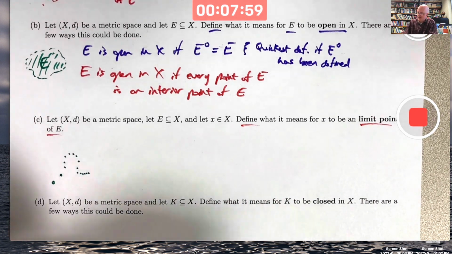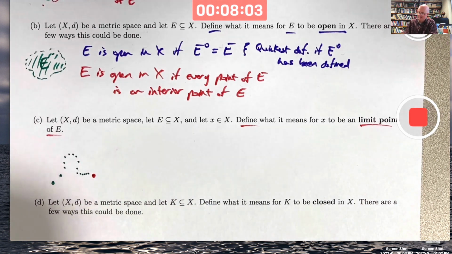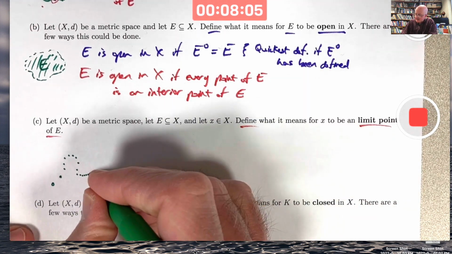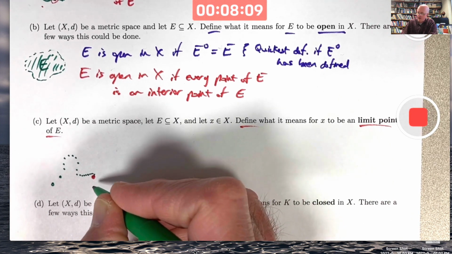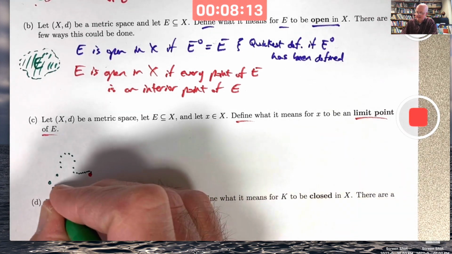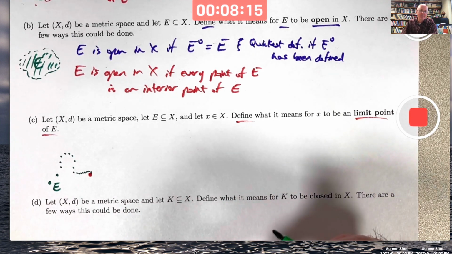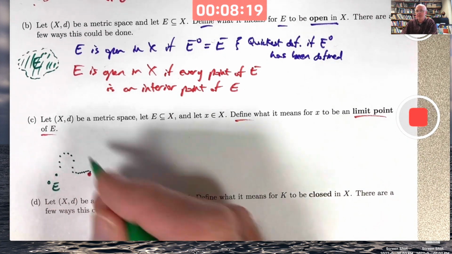Say they're approaching this point right here. If that's the case, then intuitively we would want that point, that red dot right there, to be a limit point of this set E. It is a limiting value, you might say, of that sequence of points.